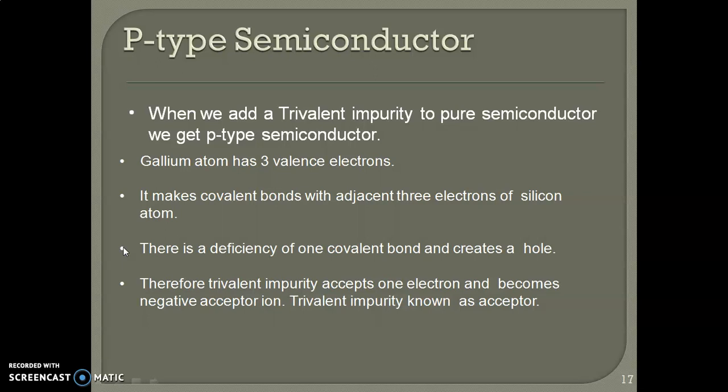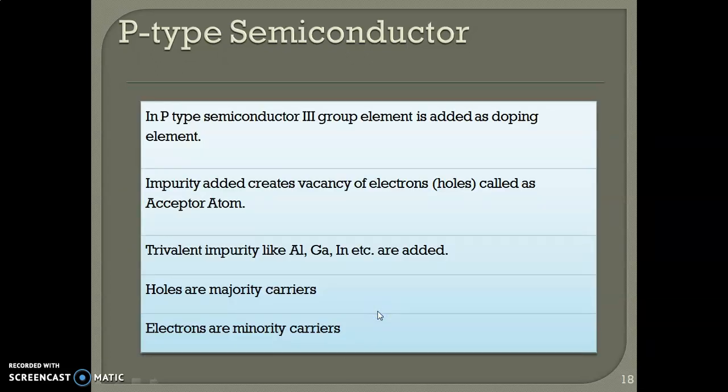So the trivalent impurity is known as the acceptor. In this type of P-type semiconductor, the third group element is added as a doping element. It means trivalent impurities like aluminum, gallium, indium, etc. Here, electrons are minority carriers and holes are majority carriers.